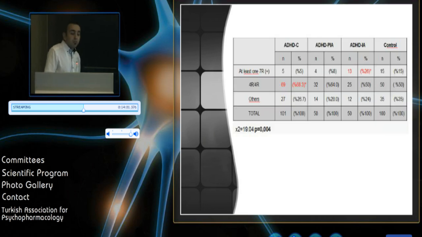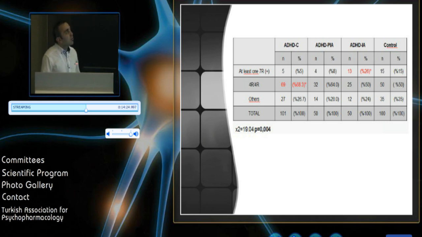So what do we see in our own trials? When we compare our trial with the other trials conducted in Turkey, we see that our sampling group has 3 subtypes: combined type, the type determined according to DSM-5, and another group, the restrictive type.